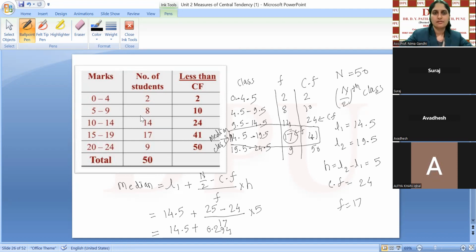Yes. So this is how we do the calculations if the classes are given. Okay, so we'll move further.